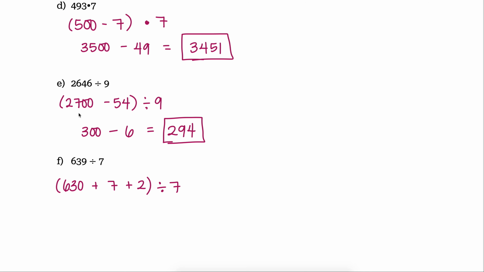So same process as before. 630 divided by 7 is 90. 7 divided by 7 is 1. 2 divided by 7, there's our remainder. So we have a remainder of 2. So our answer is going to be 91 with a remainder of 2.